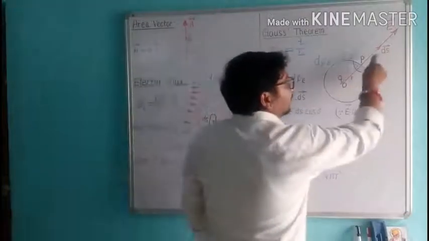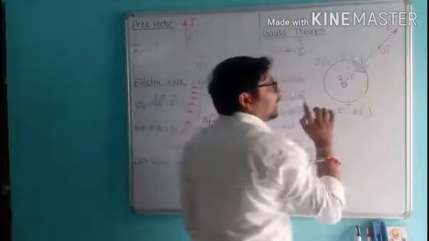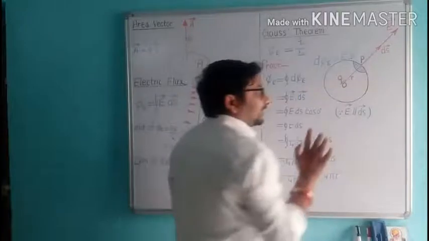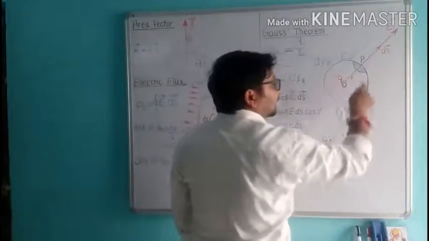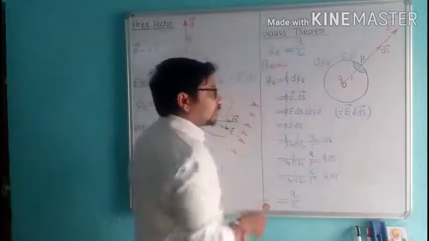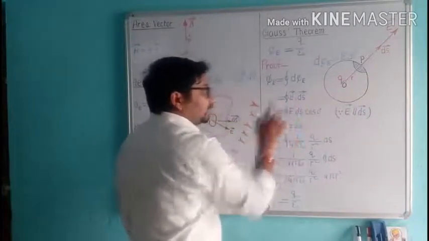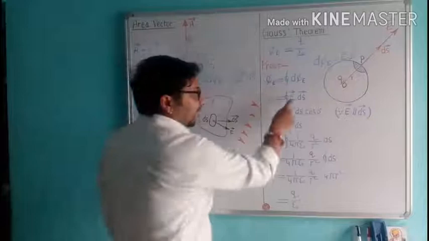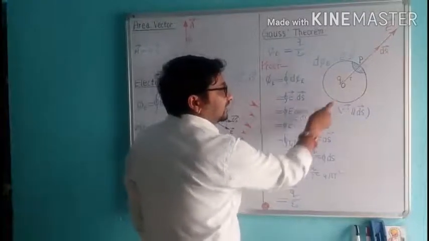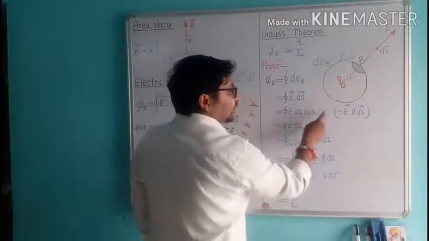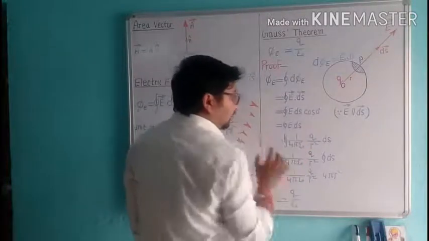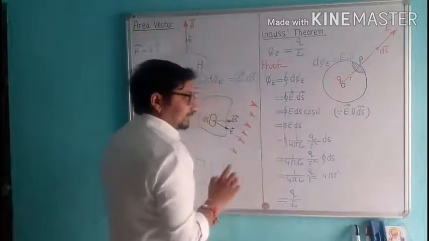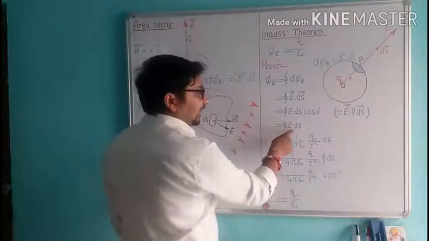Now, the electric field and the area vector ds are both drawn outwards and parallel to each other. So, using the dot product, it will be E ds cos theta. Since they are parallel, that is E ds cos 0, and the value of cos 0 is 1, so we have the closed integration of E ds.